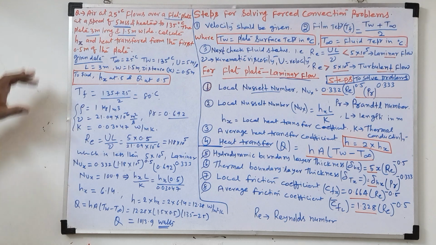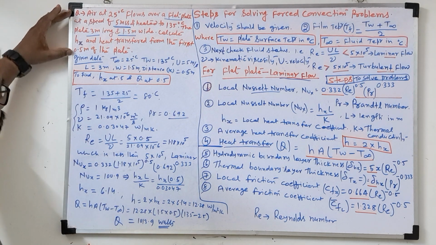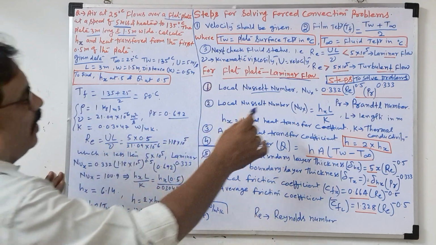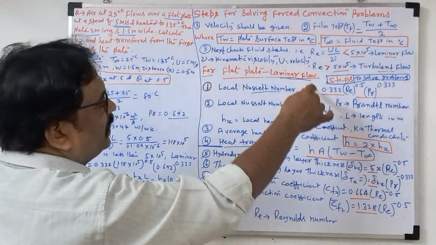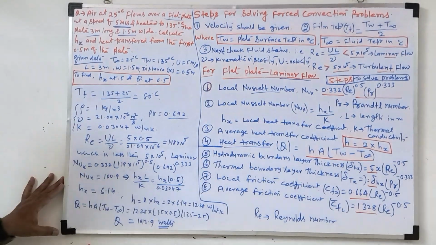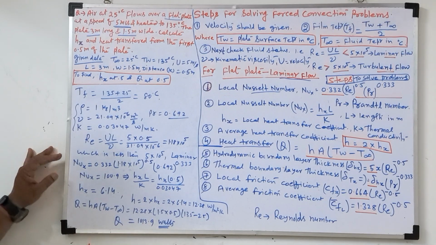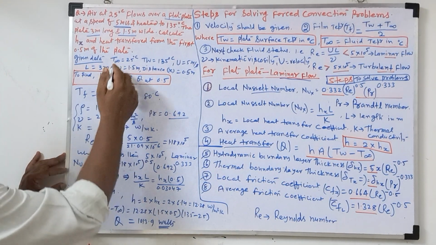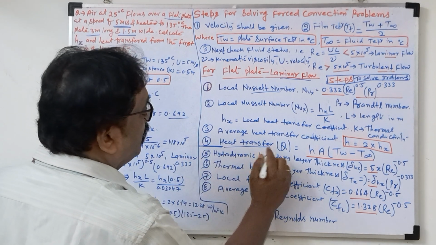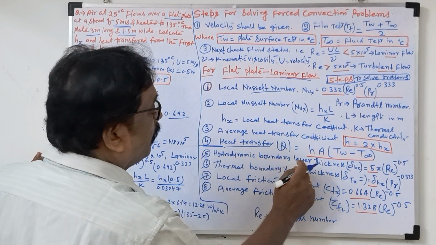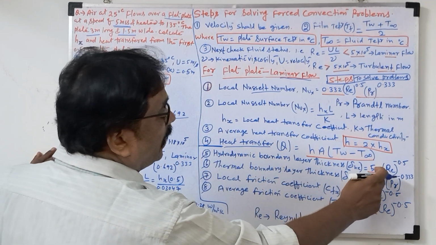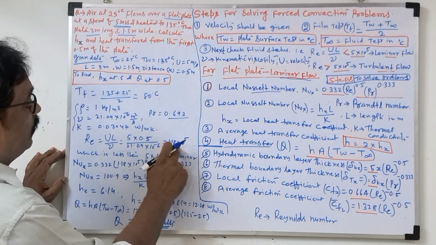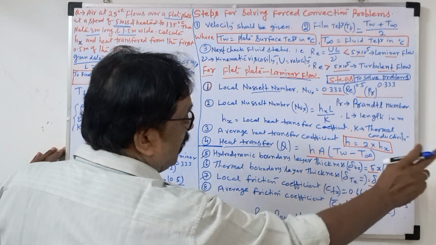So look here, this much, a very small question. These are the steps we have to follow, and all the values are in the data book. If the same question asks to find the hydrodynamic boundary layer thickness, delta x equals 5 x, 5 into 0.3 into Reynolds number 1.18 into 10 power 5, power minus 0.5, the answer will come.